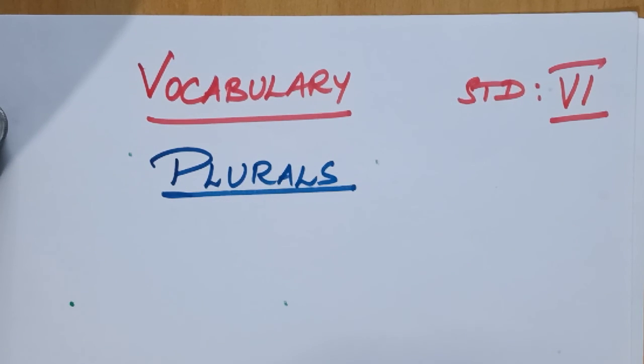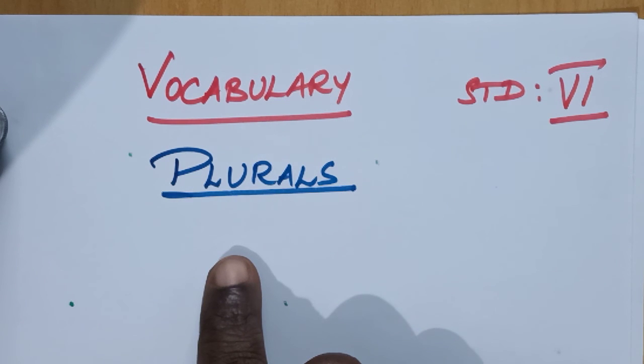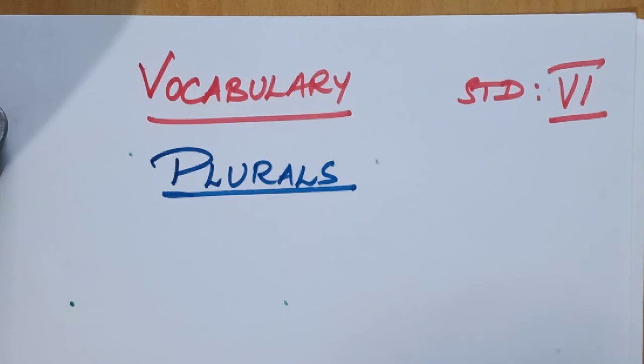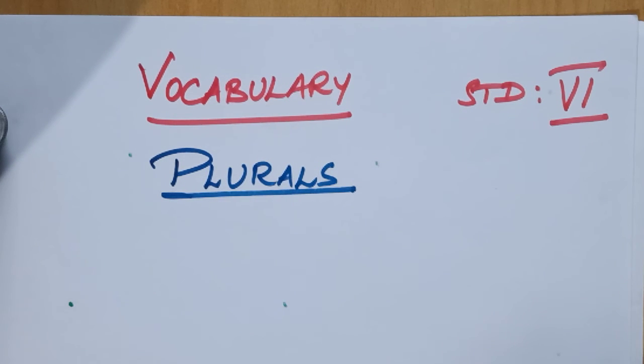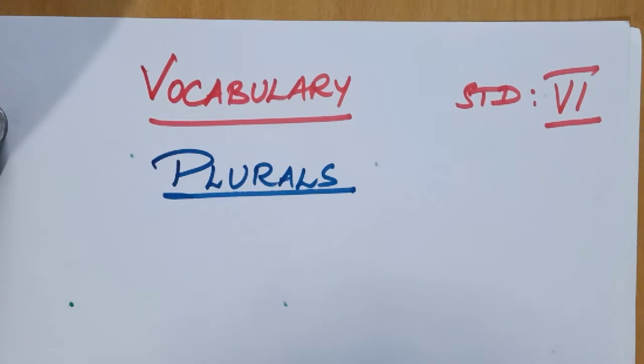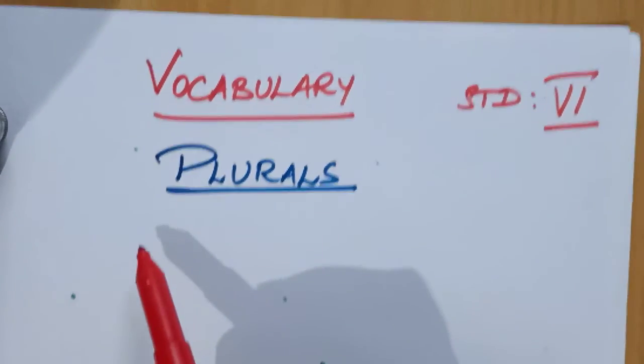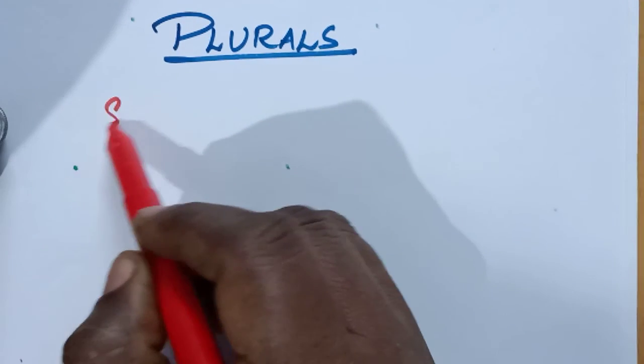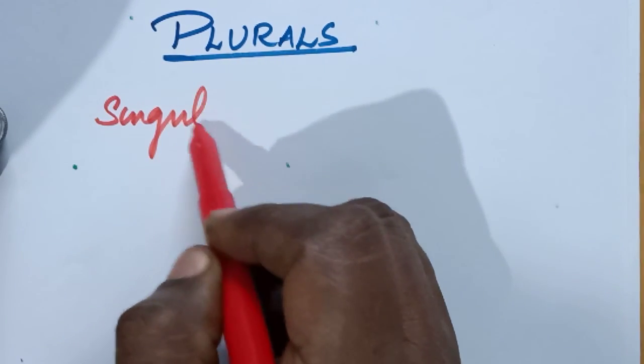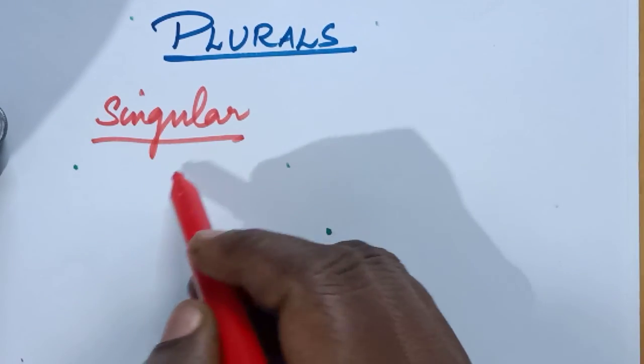Okay, for English vocabulary session today for class 6, your topic is plurals. You know what is a singular and plural, right? What is a singular? Singular is one, isn't it?